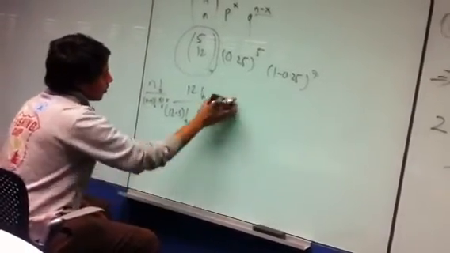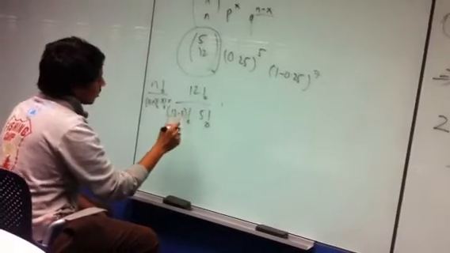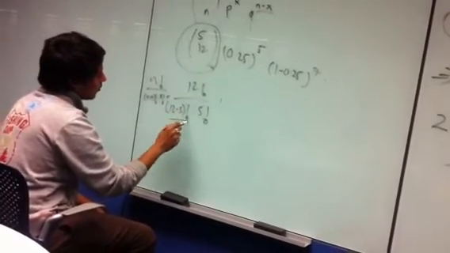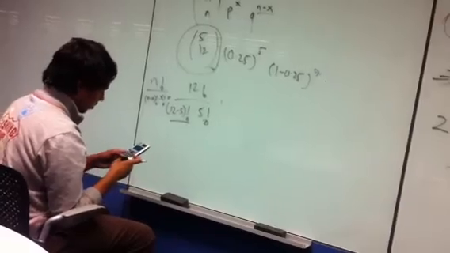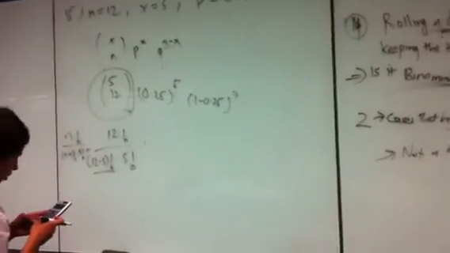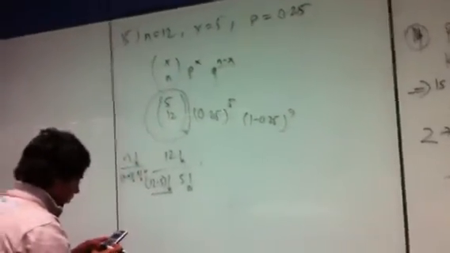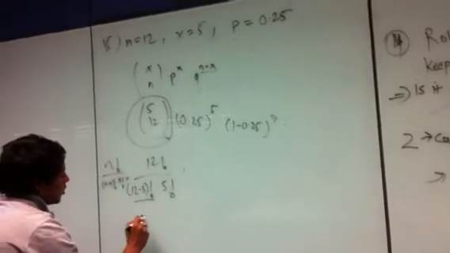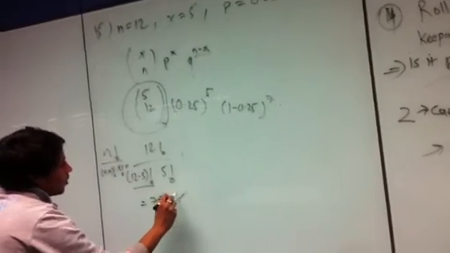So what is this value? 12 factorial over 7 factorial times 5 factorial is 792.